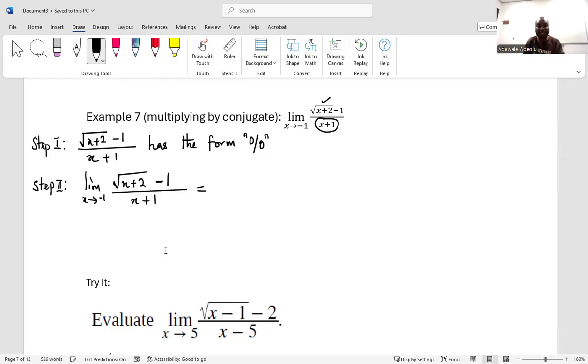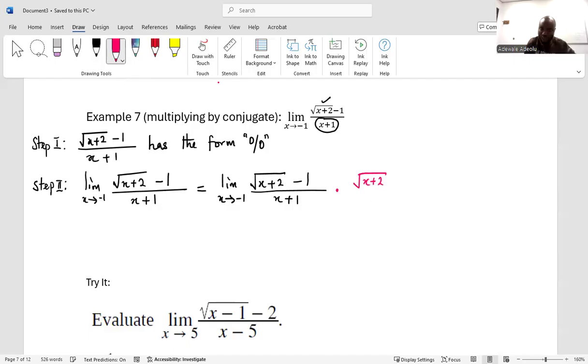And I know this is going to be equal to the limit as x goes to -1 of an identical function, which I obtain by multiplying by the conjugate of the numerator, so I just need to turn this to plus 1 divided by square root of x plus 2 plus 1.